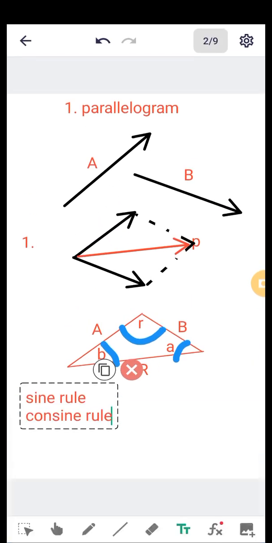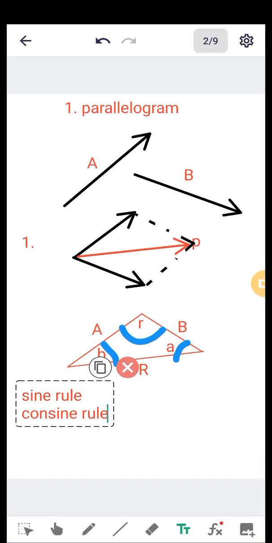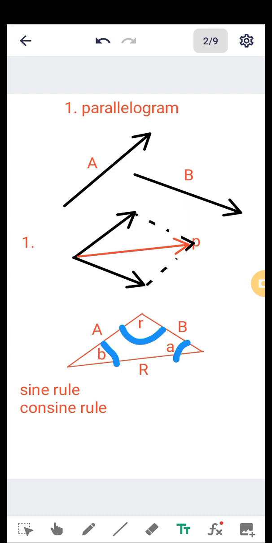I'm sure you're able to take it up and apply those laws, so I'll simply give the formulas which you need to understand.